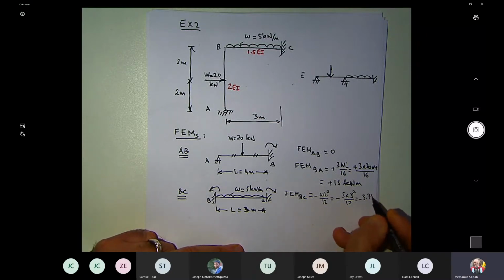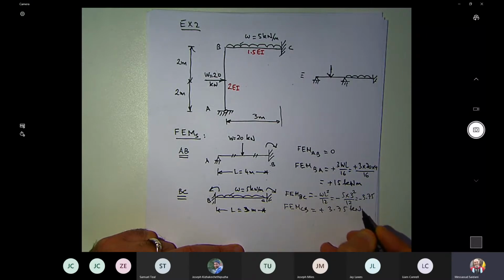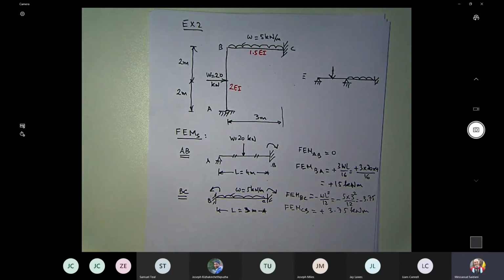Minus 3.75. And at B, it will be exactly this. At C, sorry, it will be the same with the plus. So 3.75 kilonewton meters. Is that okay? So we've done the first step.